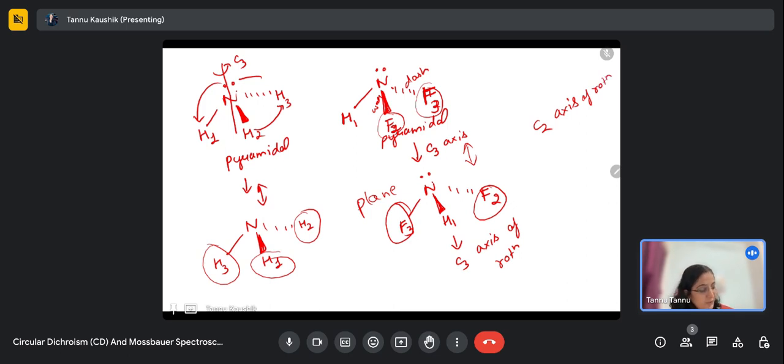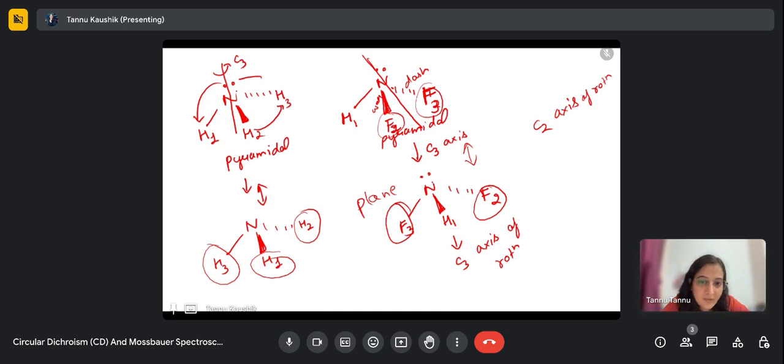So what are the possible ways that we rotate the molecule so that we get an equivalent configuration? In this particular geometry, we can't. Ma'am, when axis is passed through nitrogen and hydrogen bond, we get C2 axis.